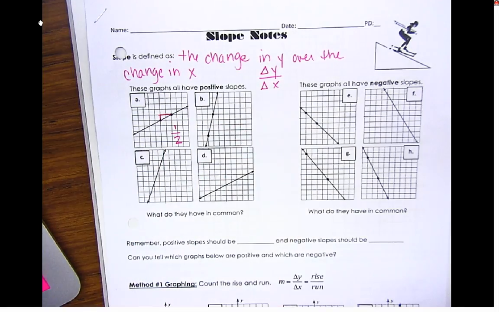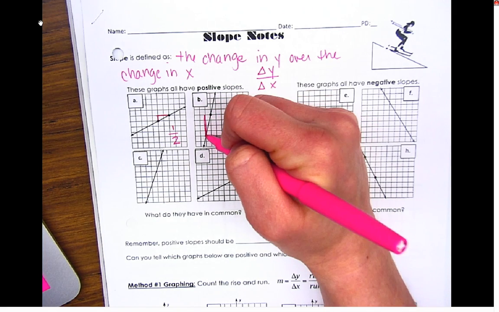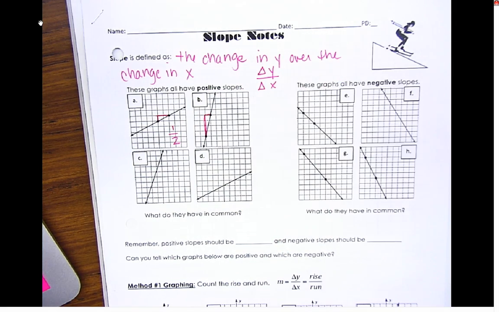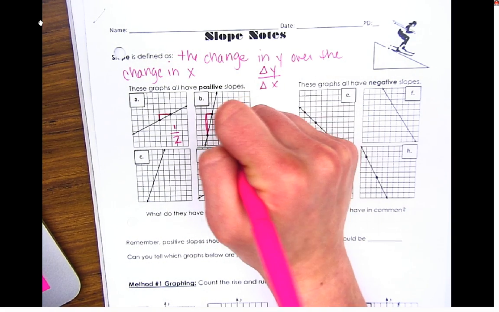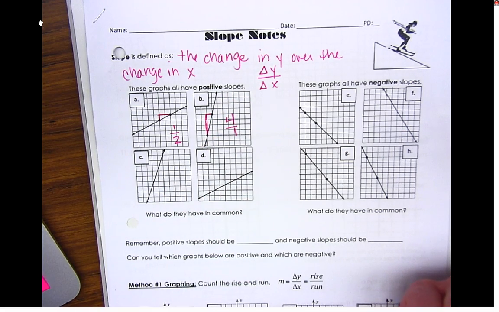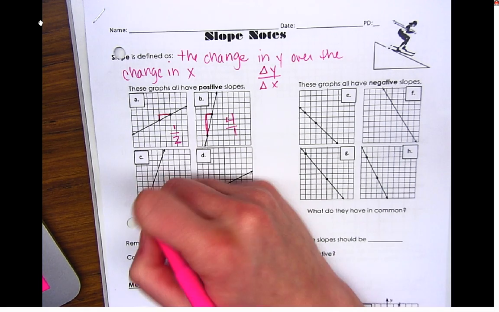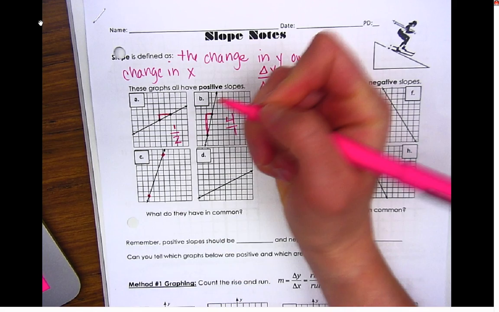If I take a look at b, my change in y is going to be 4 units over my change in x, which is going to be 1 unit. That one's going to be 4 over 1. In these two, exact points are not shown, so it looks like I have an exact point here and an exact point here.